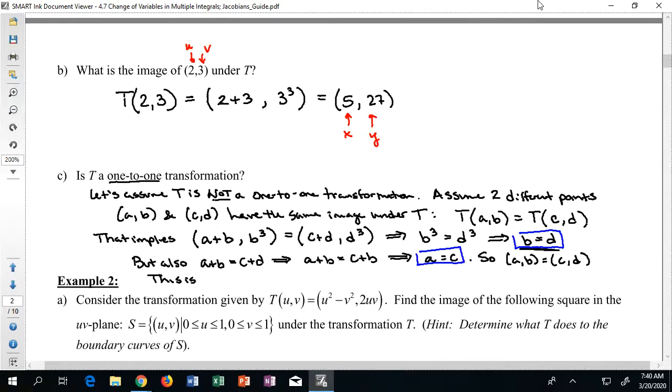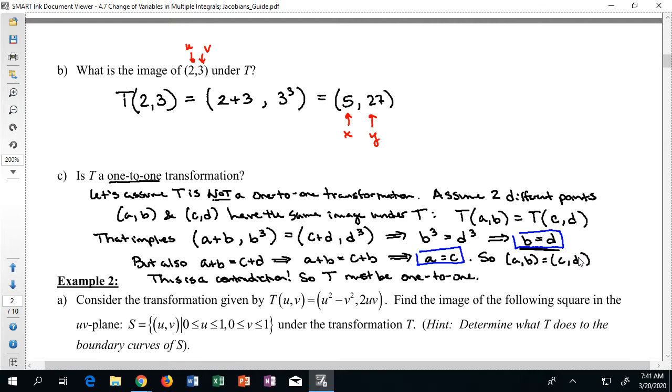So this is a contradiction, so T must be one-to-one. That's the only other option. I can't have it be not one-to-one because any time I claim that I get two different points producing the same output, they end up being the same point anyway.